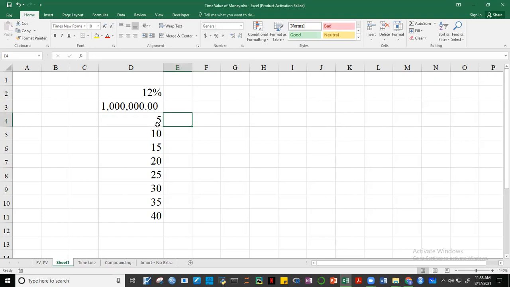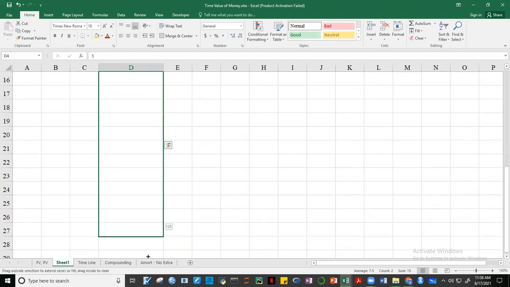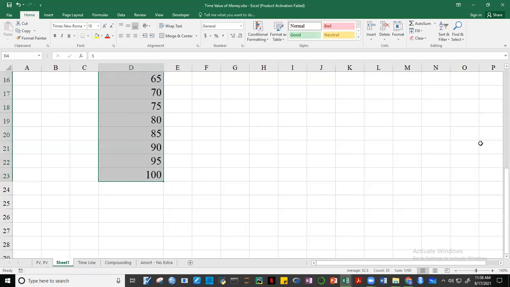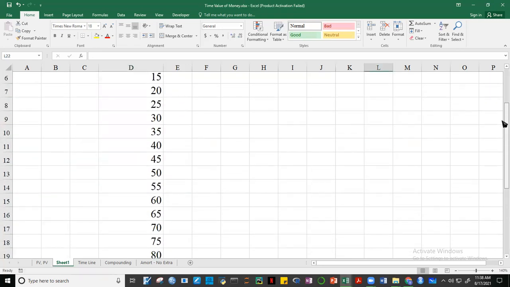So let's take a look at both ways. Yung kay Hans, sabi niya, identify natin yung series. 5, 10, yung first two lang pwede na. Kung hindi pa ma-establish, magdagdag ka pa ng isa. Kasi minsan mahirap yung pattern. Sabi ni Hans, i-drag mo lang until you reach 100. So that's correct. That's one way.